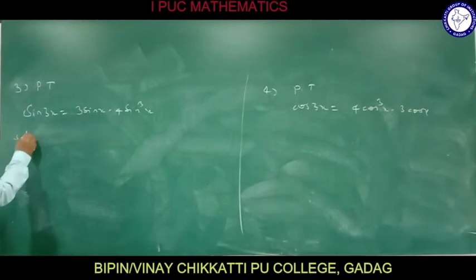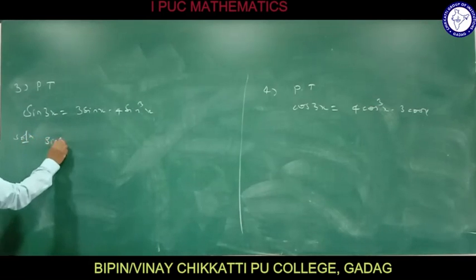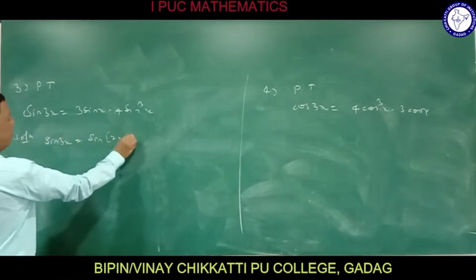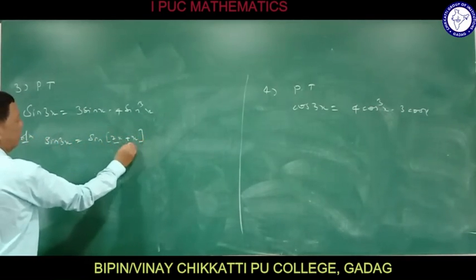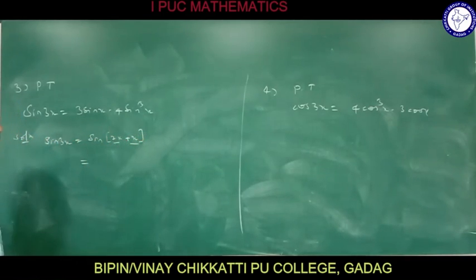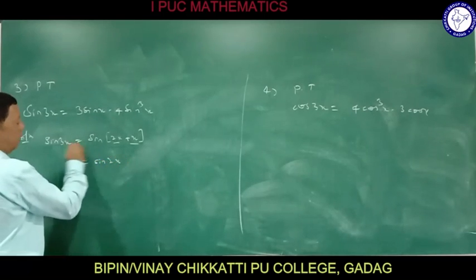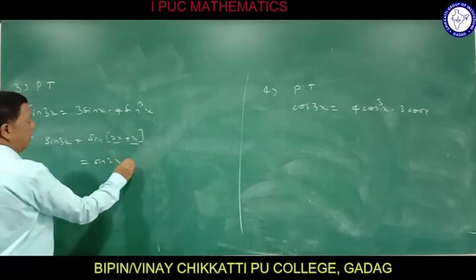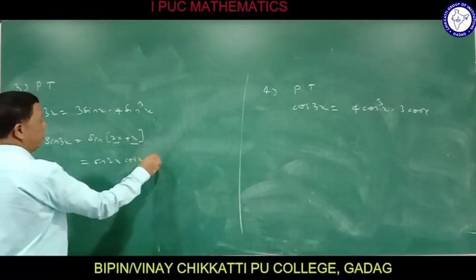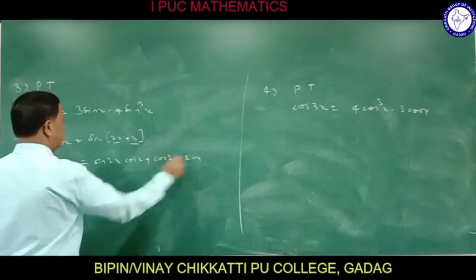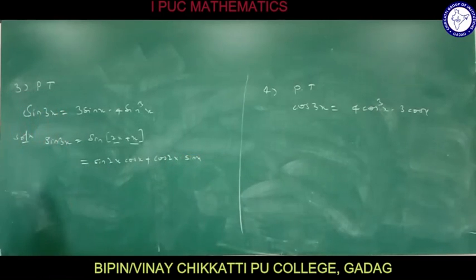Solution. Sin 3x. Sin 3x means sin of (2x plus x), so 3x becomes 2x plus x. What is the formula for sin of (x plus y)? Sin x cos y plus cos x sin y.